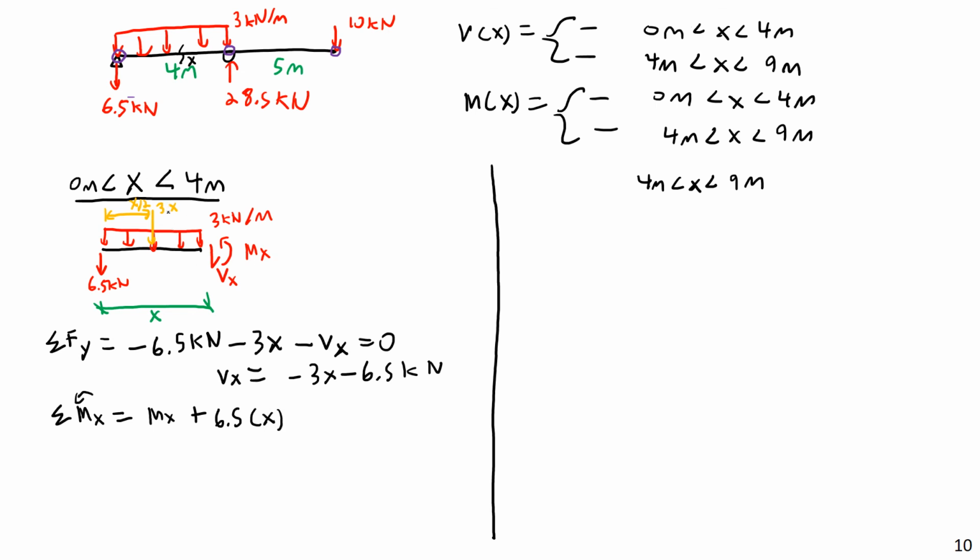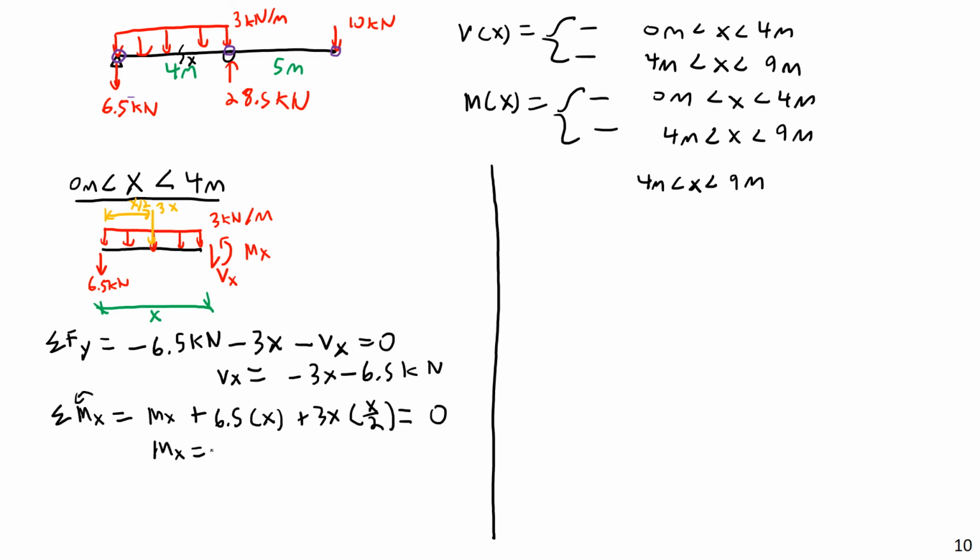Then this will cause a positive moment as well, plus 3x times the moment arm length of x over 2. And that's it as far as moment balance, and all this equals 0 because, of course, this is statics class.